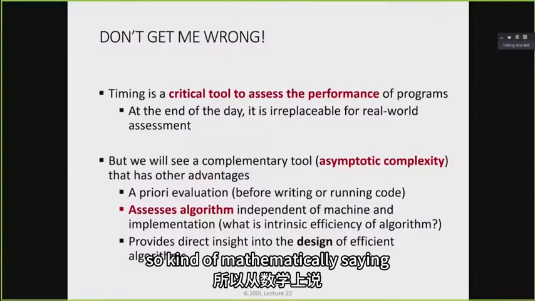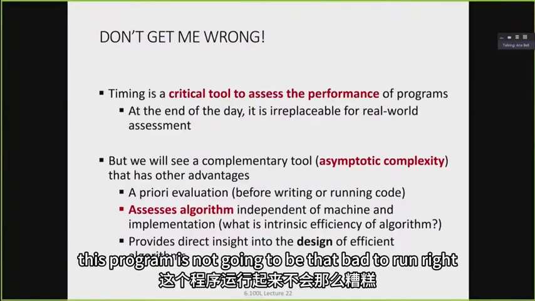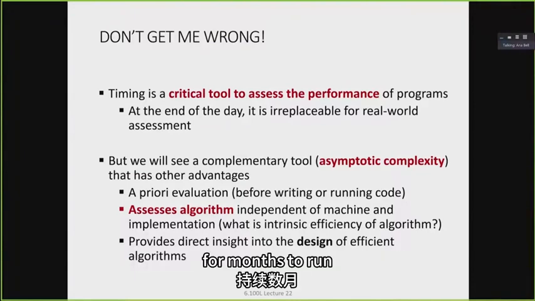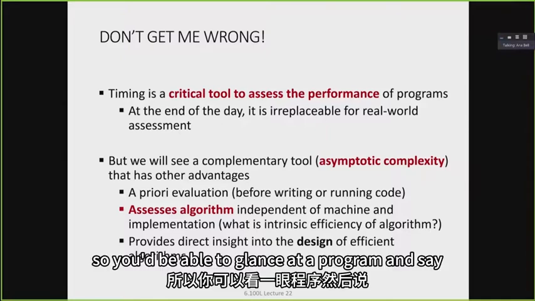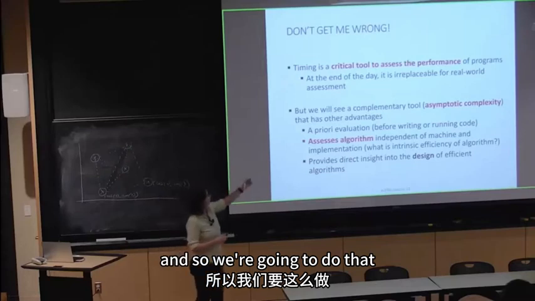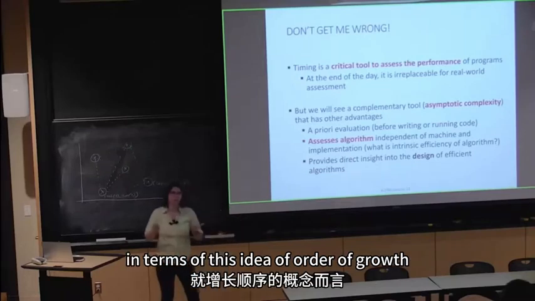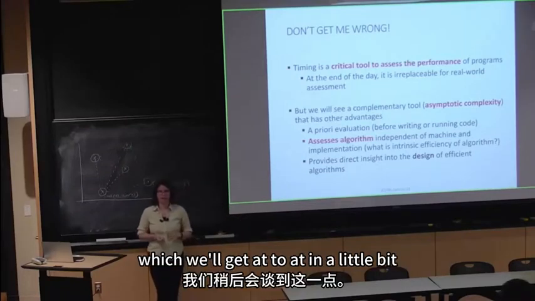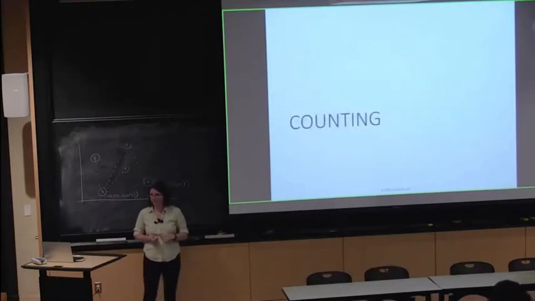Mathematically saying, this program is not going to be that bad to run, without actually running it, of course. So you'd be able to glance at a program and say, this one is reasonable to run. We're going to do that in terms of order of growth, which we'll get at in a little bit.